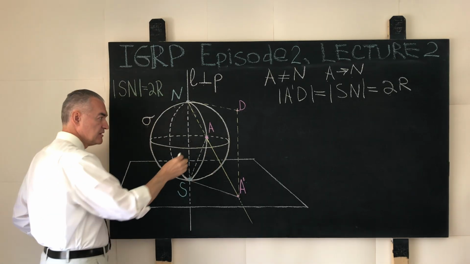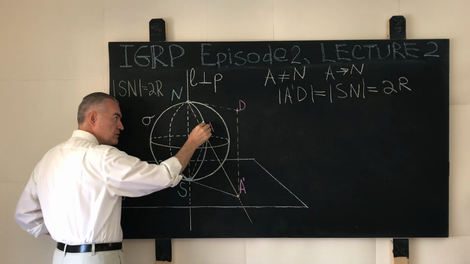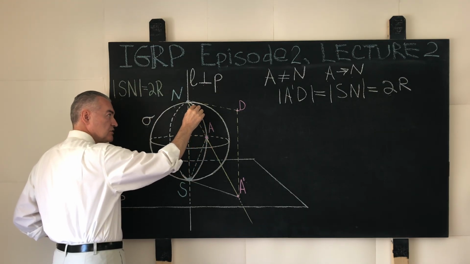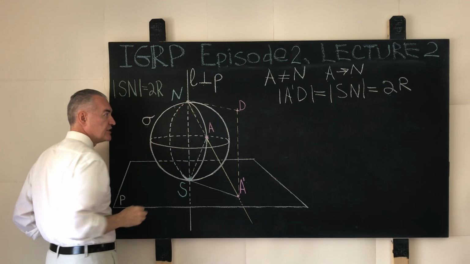And in that case, the point A will definitely continuously roll into the point N.